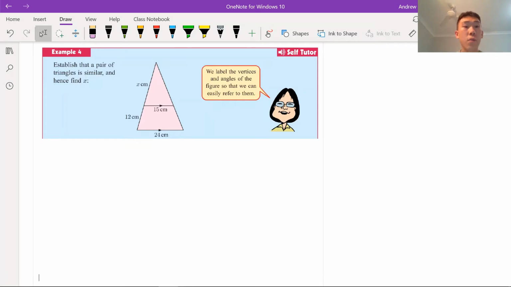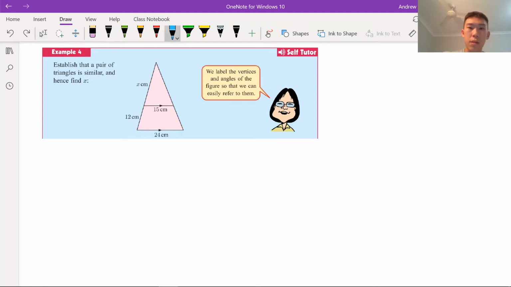Okay, first of all, we want to show that this little triangle and this big triangle are similar. Now, we don't have the third side of these triangles, so we're going to have to show that they're similar by first showing that their angles are all equal.